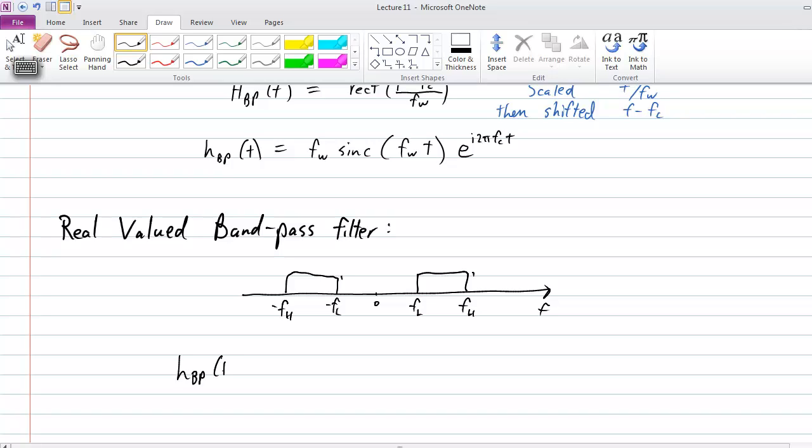This bandpass is just going to equal what we had already, plus another component, W sinc. Notice the only difference between this second rect over here is that you have a different center frequency.